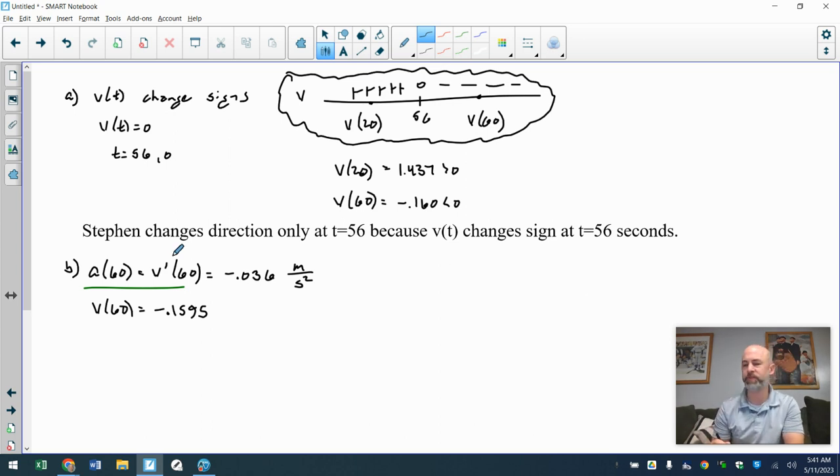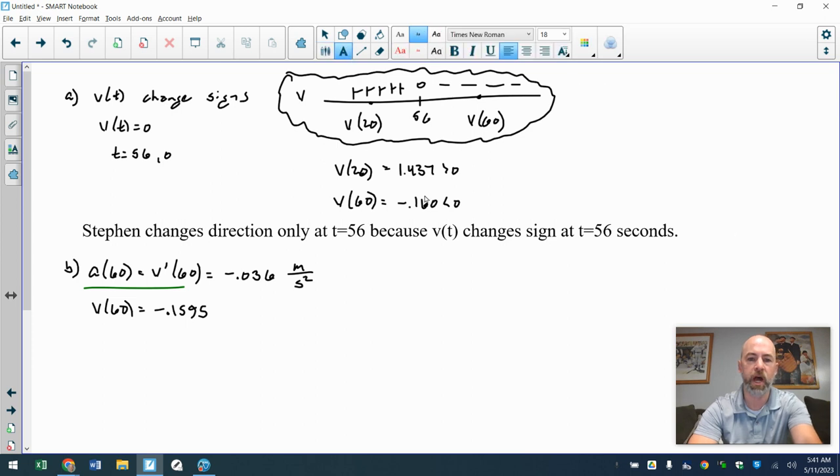Technically on this one, you don't have to go to the third decimal because our answer is not the actual velocity. It's whether velocity is positive or negative. And if you simply wrote velocity at 60 is negative 0.2, that would be enough to support your answer. But I kind of like to go 3 decimals. So is speed increasing or decreasing? Their words are speeding up or slowing down, and give a reason. Go back to typing for the sake of time.